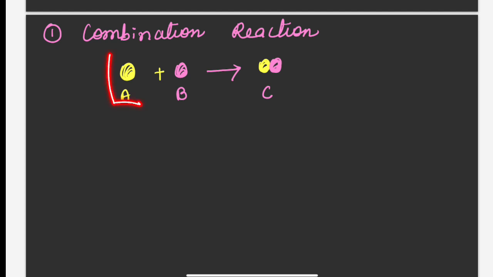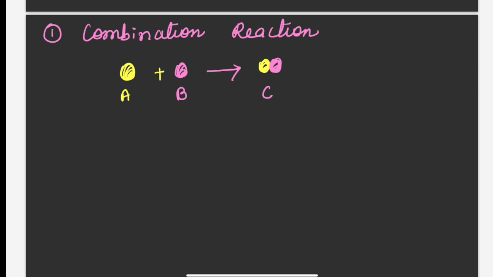We have taken 2 reactants and it has resulted in the formation of one product. So such type of reaction is called combination reaction. When 2 or more reactants react and form only one product, it is called combination reaction.